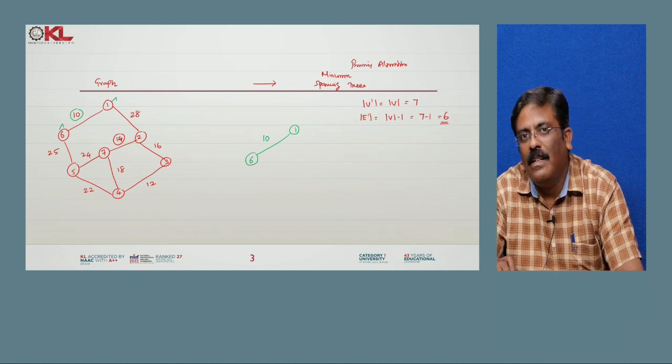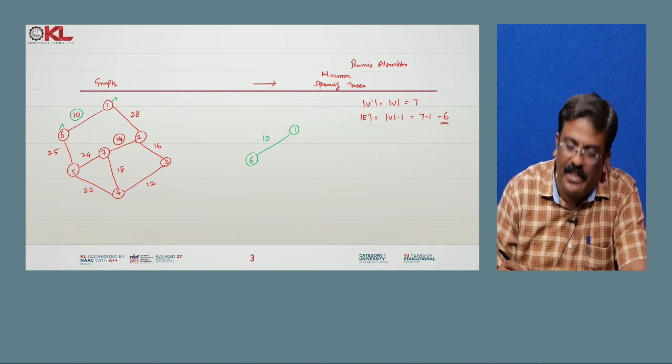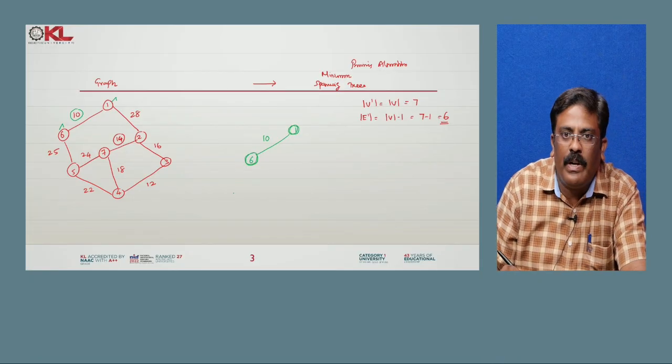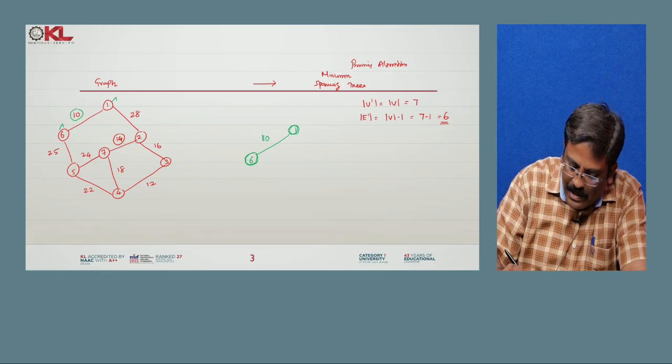Among the existing vertices, we have already selected 1 and 6, because 1 and 6 hold the least weight, that is 10.